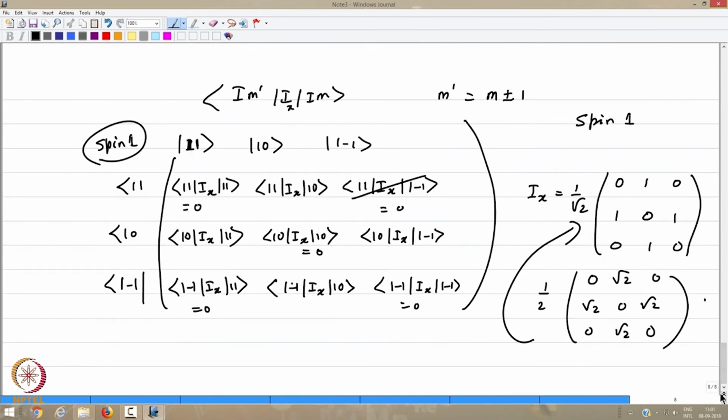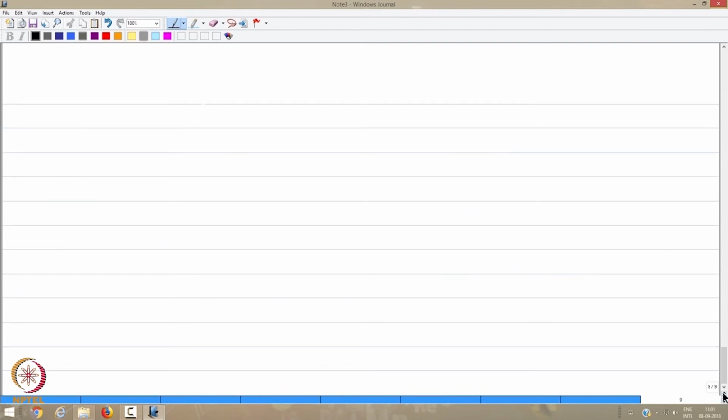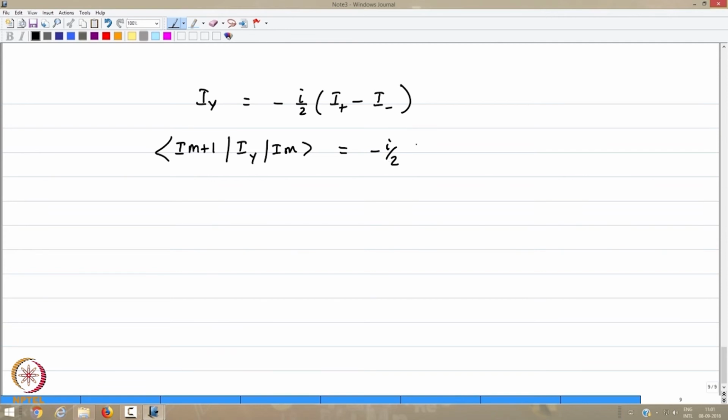What about Iy? Iy is minus I by 2, I plus minus I minus. Therefore, you can see that, because we know it is going to be only one or the other, Iy on Im will be minus I by 2 times Im plus 1, I plus on Im. The plus raises it to m plus 1, and therefore they are orthogonal to each other.